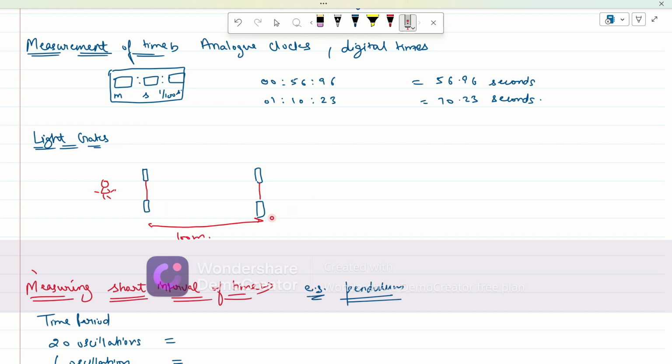When infrared rays pass between these two gates and the athlete enters this region, he will interrupt the signal. The moment he interrupts the signal, since these light gates are connected to computers, the timer will be switched on. And when the athlete interrupts the signal of the second light gate, the timer will be switched off, and this is how the time can be noted.